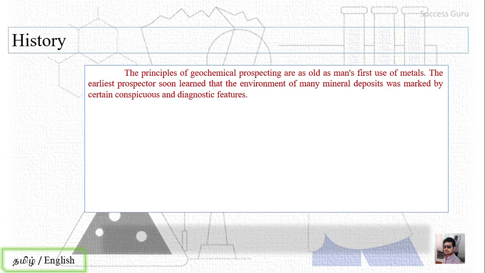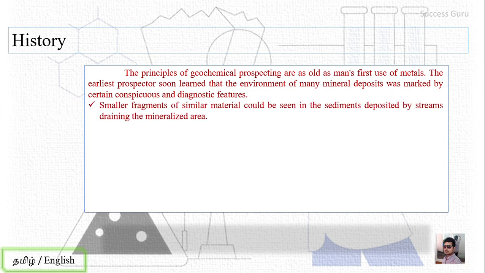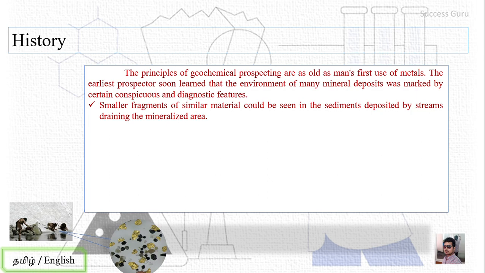The principles of geochemical prospecting are as old as man's first use of metal. The earliest prospectors soon learned that the environment of many mineral deposits was marked by certain conspicuous and diagnostic features. Smaller fragments of a similar metal would be seen in a sediment deposited by a stream draining the mineralizing zone.